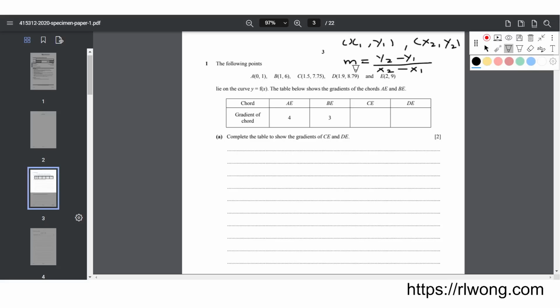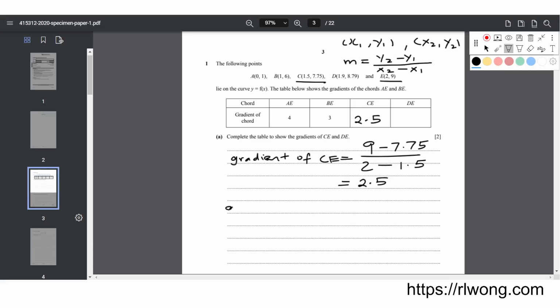Okay, so now let's go through the solution for part A. To find the gradient of CE, I'll make use of points C and E. The y coordinate of E is 9, the x coordinate of E is 2, then the y coordinate of C is 7.75, and the x coordinate of C is 1.5. Next, type it into the calculator, and you'll get the gradient of CE equals 2.5.